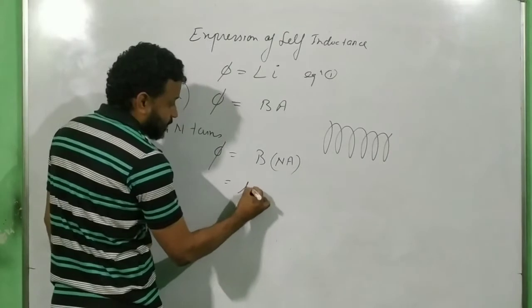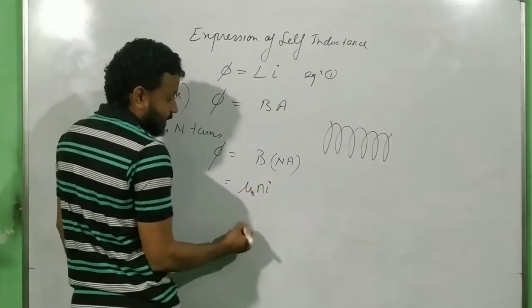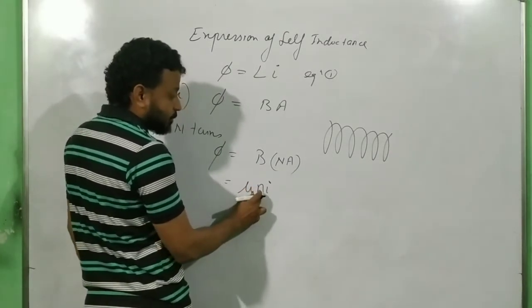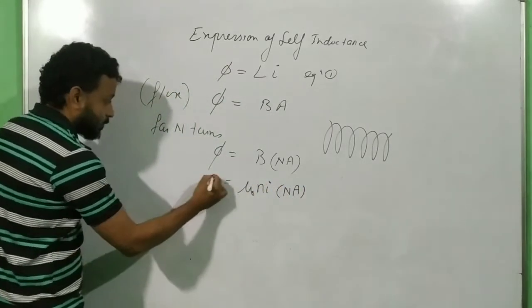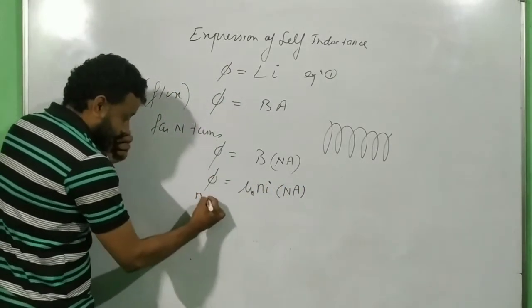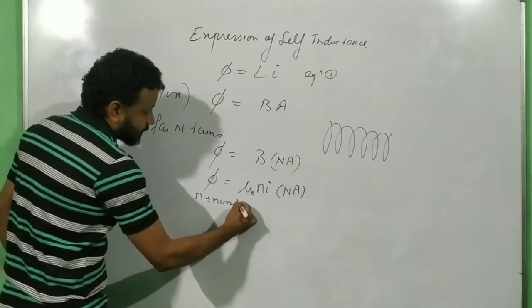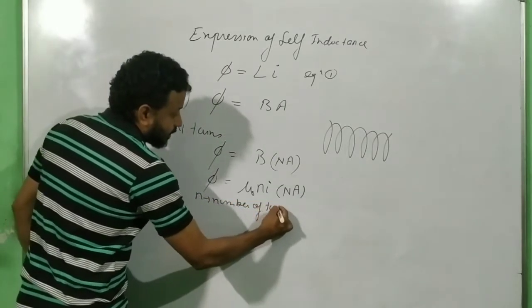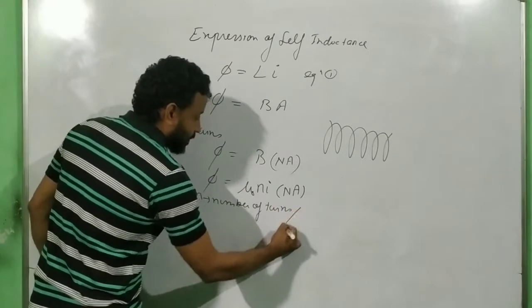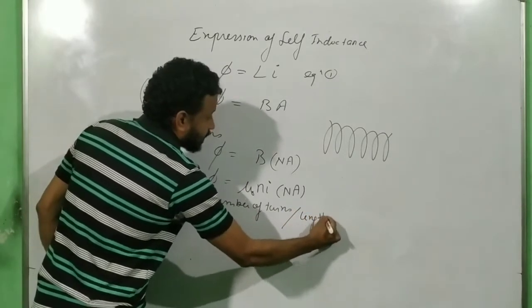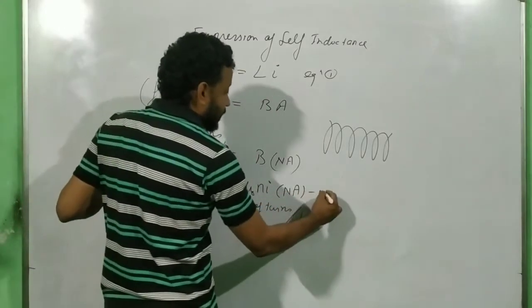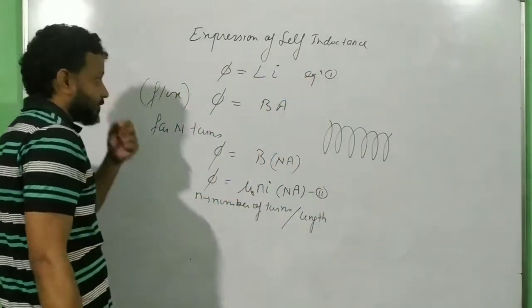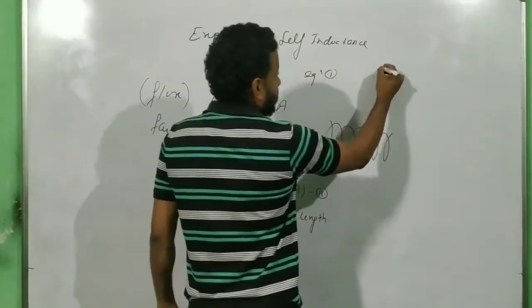So field is equal to mu naught times n i, where n is the number of turns per unit length, multiplied by N times A. If I consider this as equation 2 and the earlier one as equation 1, what is the next step? The next step is to compare.